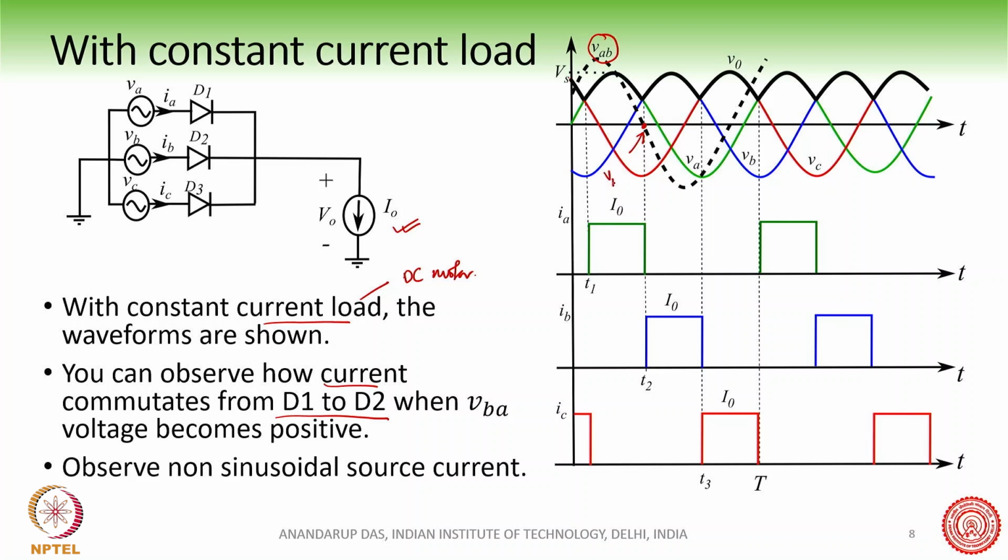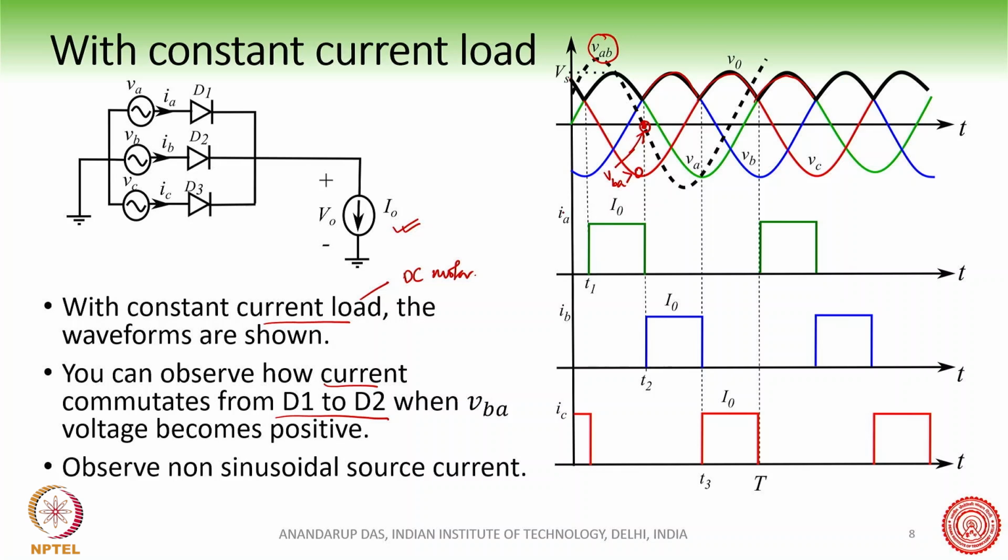At this point, VBA becomes greater than 0. Therefore the output voltage now follows this envelope here, something like this.